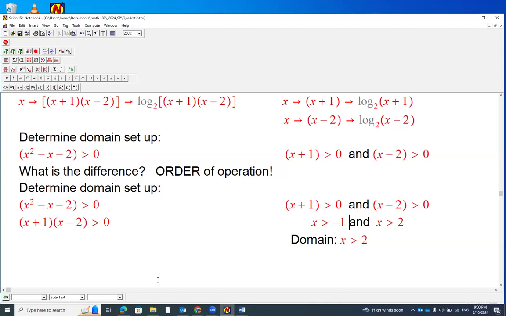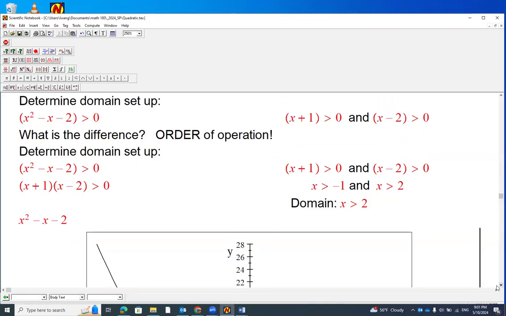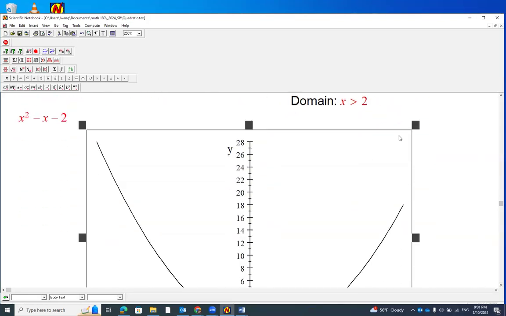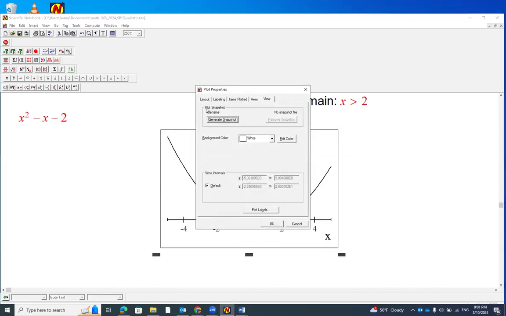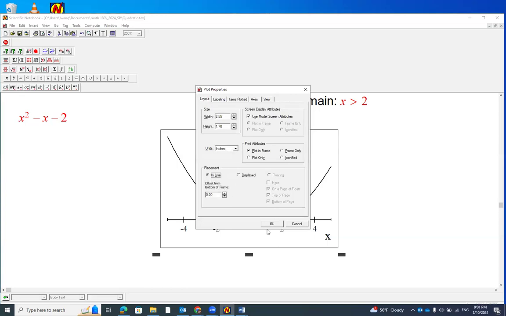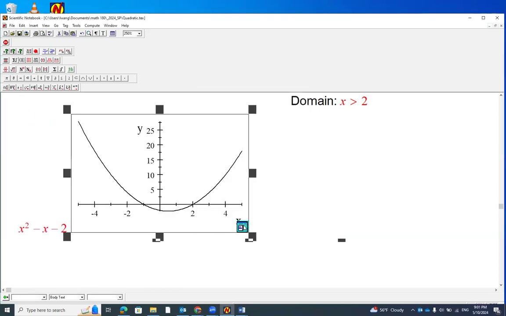Remember we saw quadratic inequality? This is a quadratic function. This quadratic function, if you graphed it, it's something like this. It's a quadratic curve. I'm using the simplest way, which is showing you the graph.